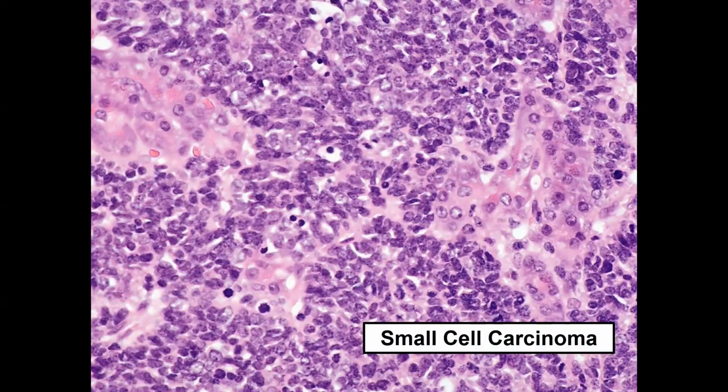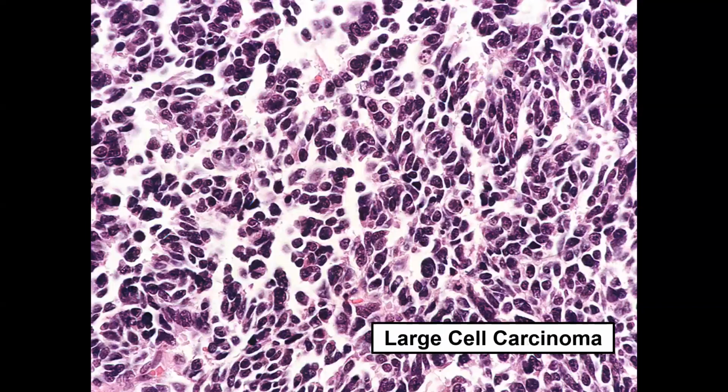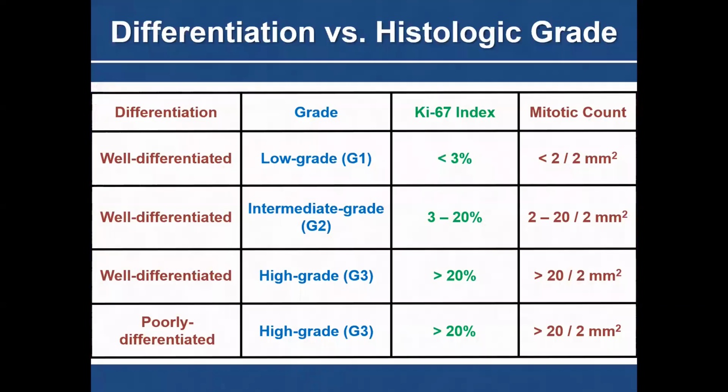There may be areas of confluent necrosis, extensive apoptosis, or death, and obviously abundant mitotic figures. Large cell carcinoma have larger, round, vesicular nuclei that can form an organoid growth pattern very similar to well-differentiated neuroendocrine tumors, but these carcinomas have abundant apoptotic cells and certainly a significant number of mitotic figures.